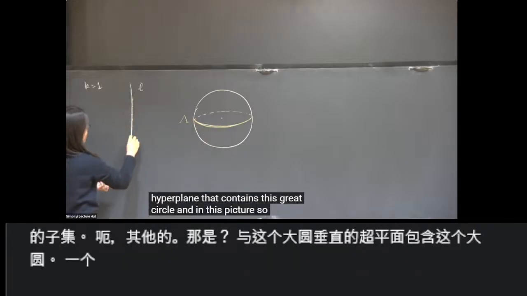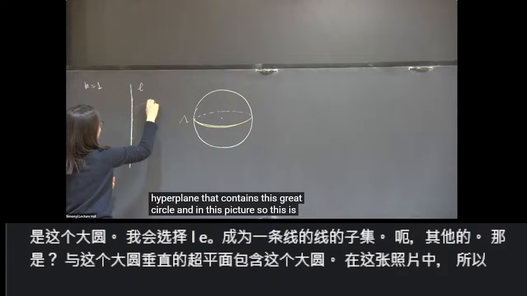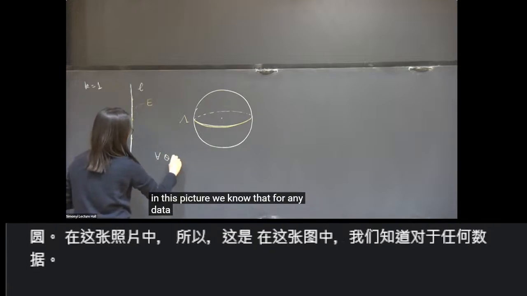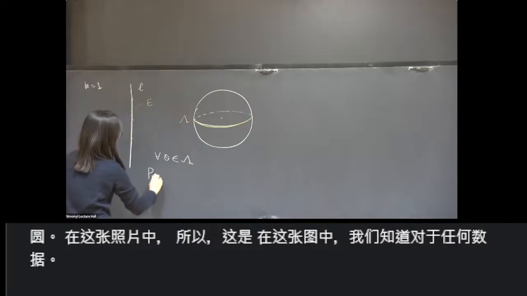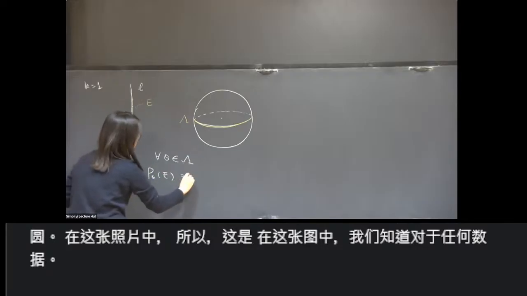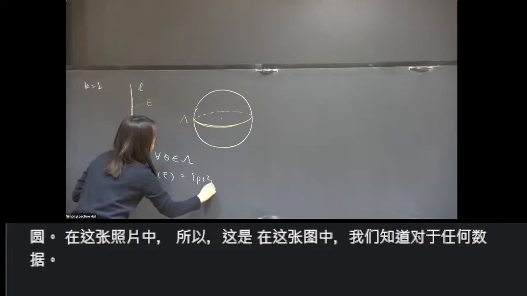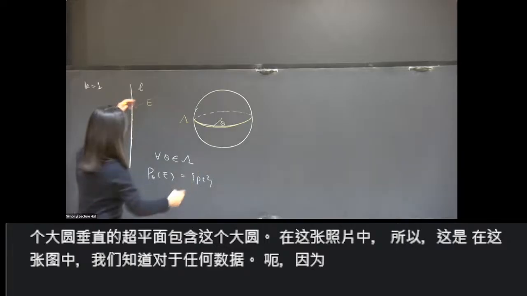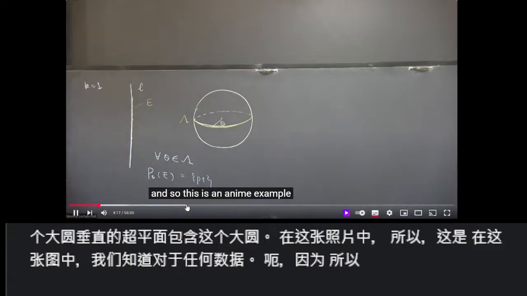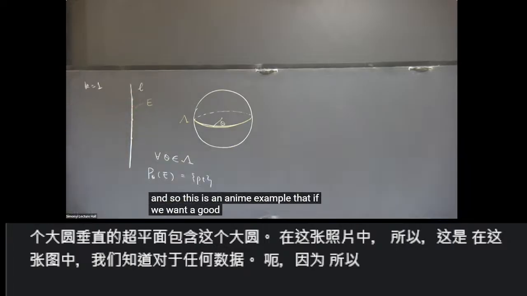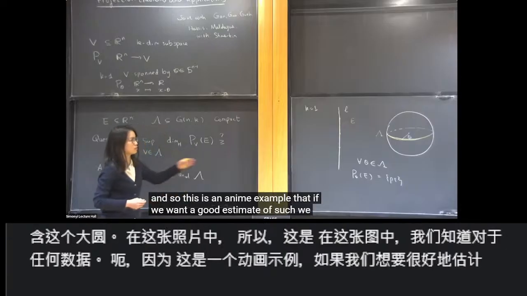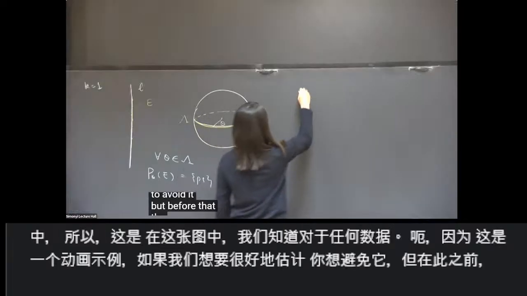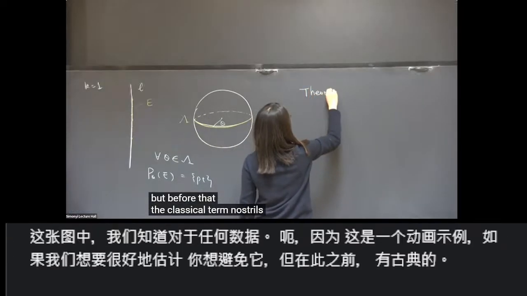In this picture, for any theta in lambda, P theta of E is just a point, because they are orthogonal. So this is an enemy example that we want to avoid if we want a good estimate.